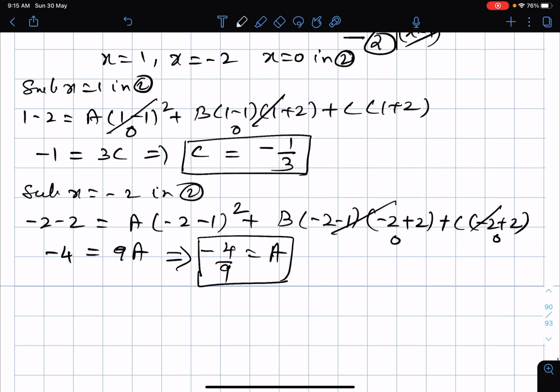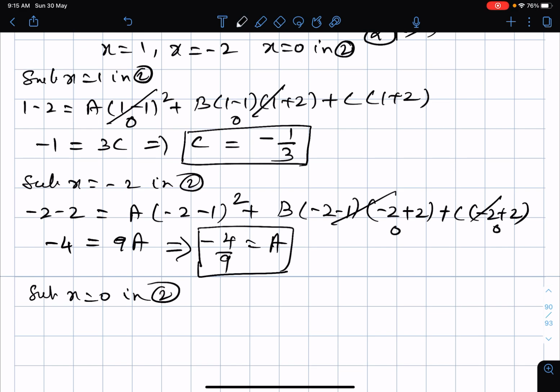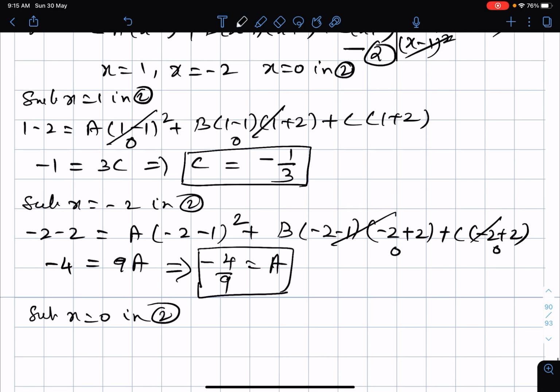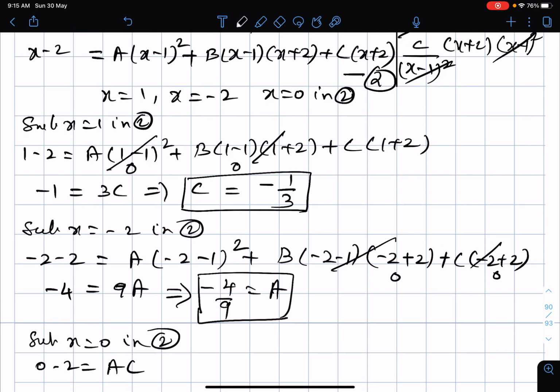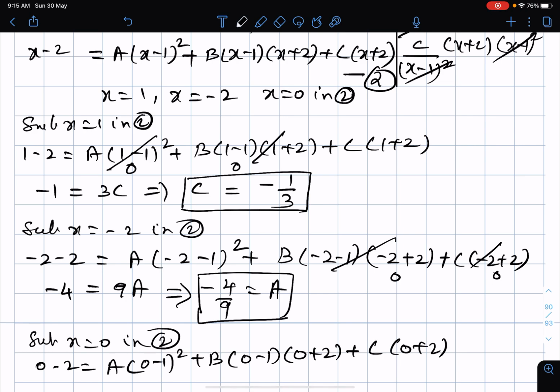Now coming to the last value, substitute x equal to 0 into the second equation. What is our second equation? x minus 2 equals a into (x minus 1)... So 0 minus 2 equals a into (0 minus 1) the whole square plus b into (0 minus 1) into (0 plus 2) plus c into (0 plus 2).